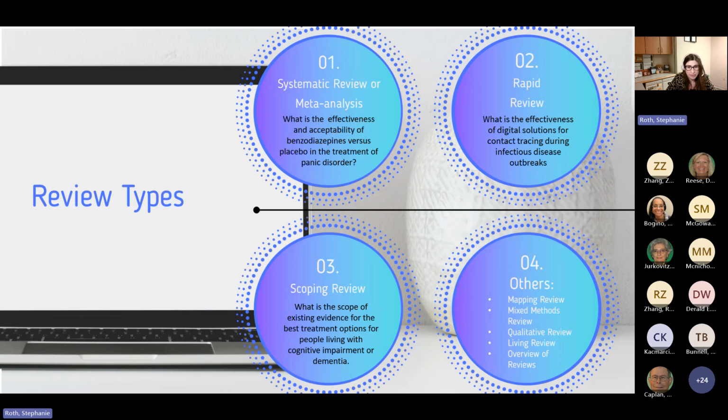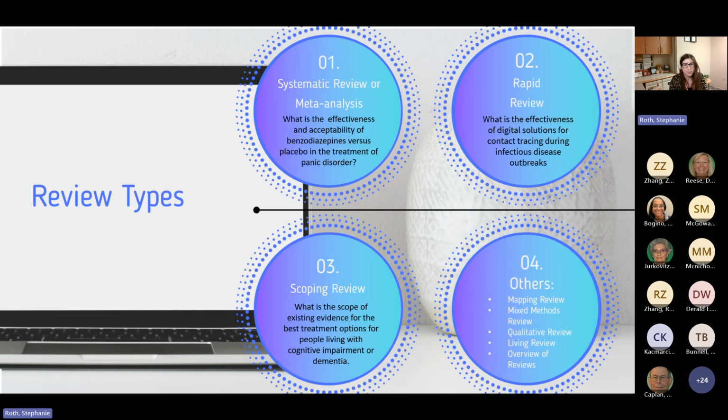And then the scoping review casts a wider scope. So it's asking, what is the evidence in here? You want to know, say, what is the scope of evidence, but I guess that would be really obvious, it's a scoping review. When someone says they want to know what is the evidence for something, then I'm like, okay, that's a scoping review, because often they'll ask for a systematic review, but the question is really what drives the review type.